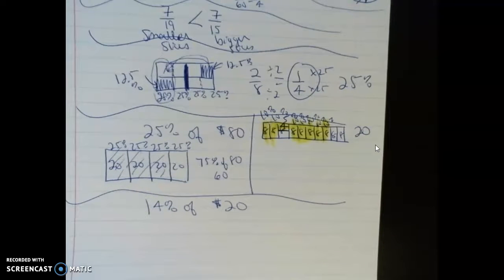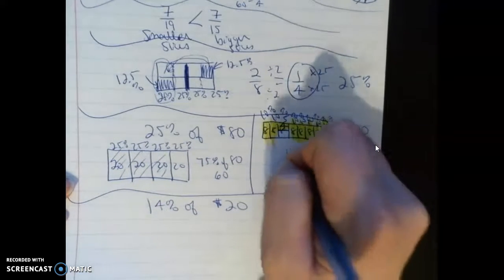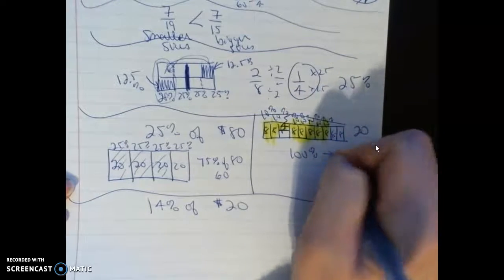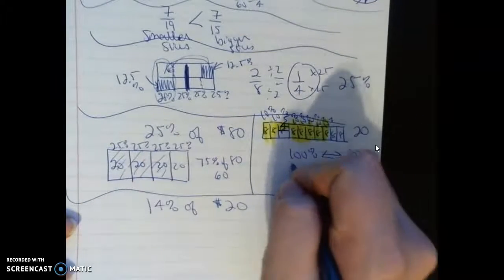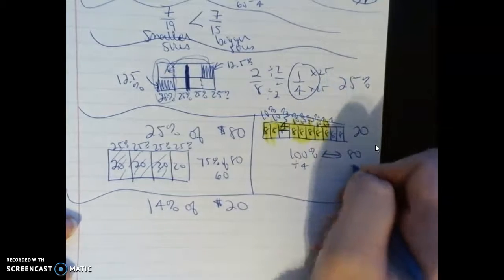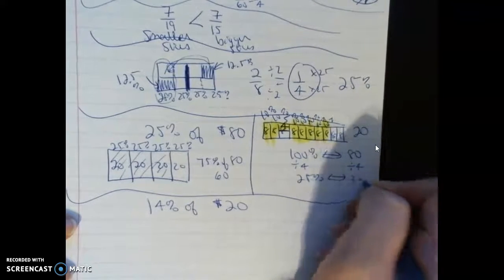The other thing is called a ratio table or a percent table. That's when I say that 100% is all of the 80, and then I'm trying to get to 25%. So I could divide this side by 4 and divide this side by 4 and get 25% is 20.